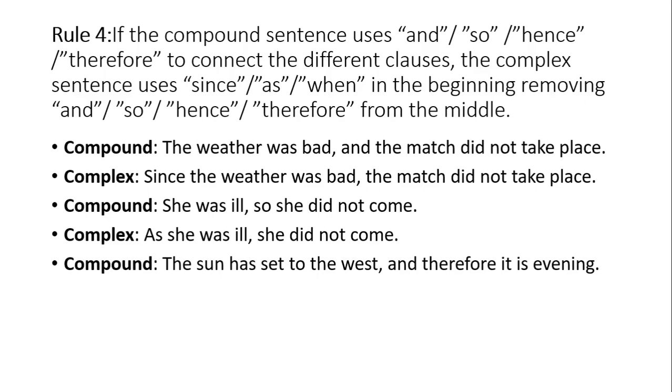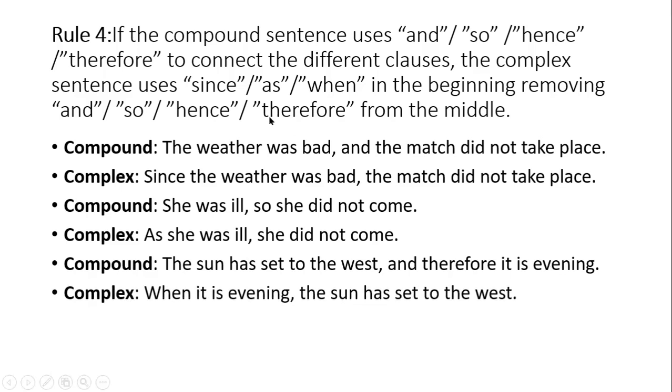The sun has set to the west, and therefore it is evening. Okay, this is the reason. Now we are going to use these words. It is evening, when it is evening, the sun has set to the west.